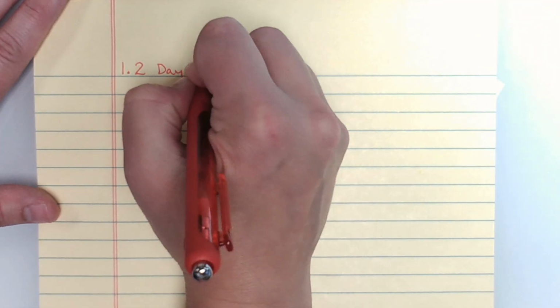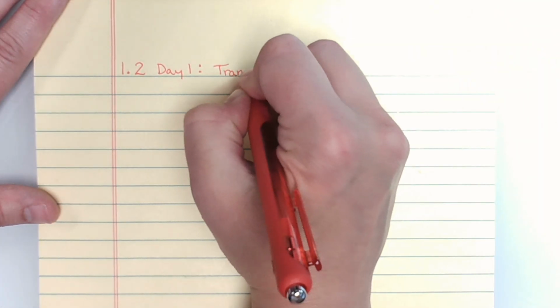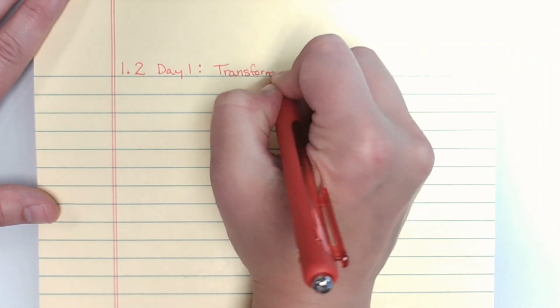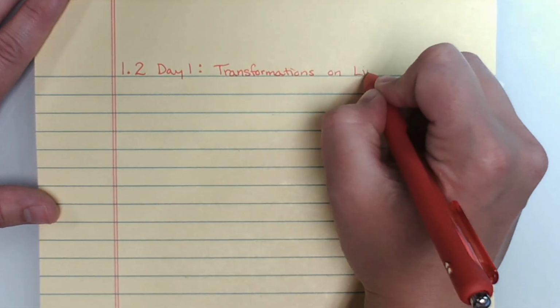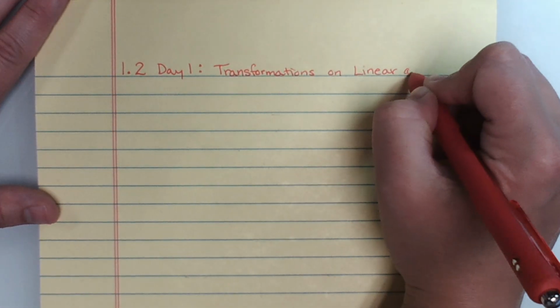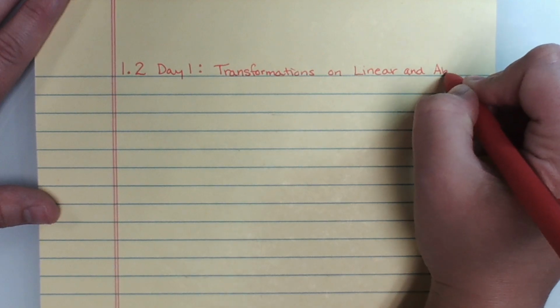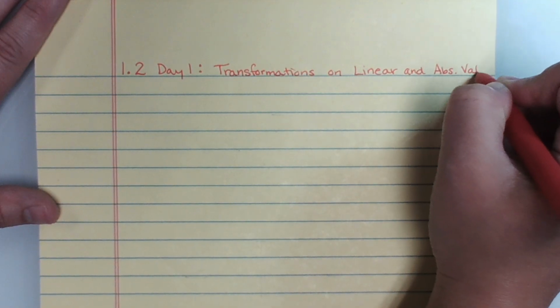If you are a person who likes putting titles on things, today we're going through 1.2. It's our first day of it. We're going to talk about it again tomorrow, and it's transformations. And it's going to be on both linear and absolute value functions.